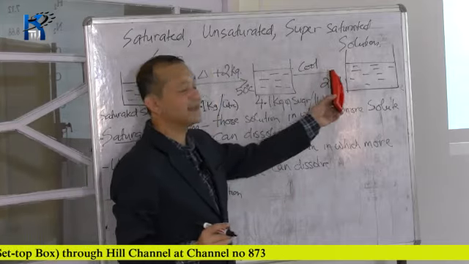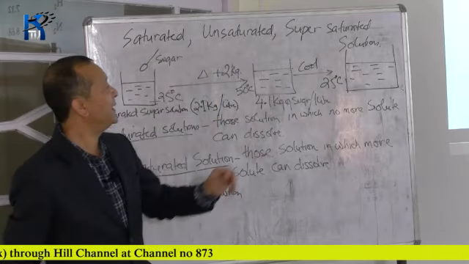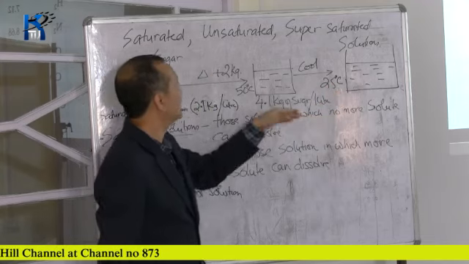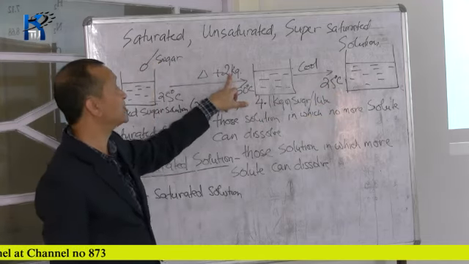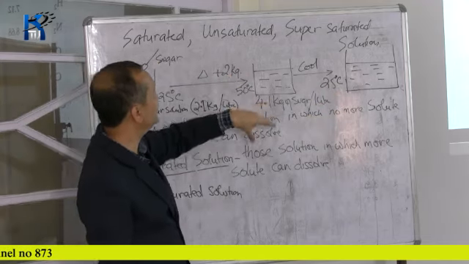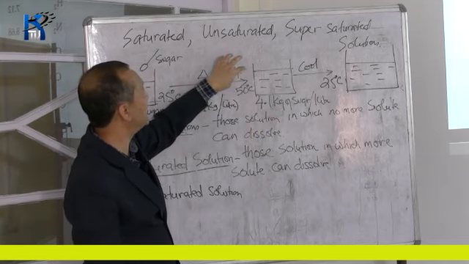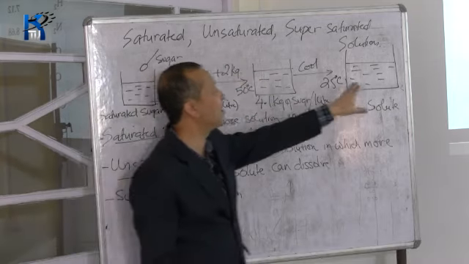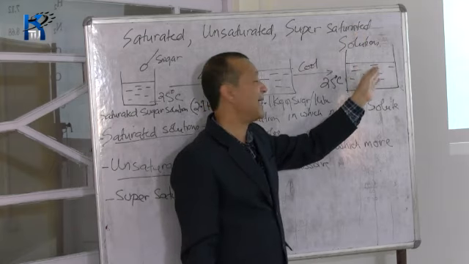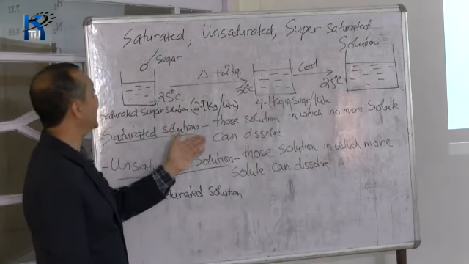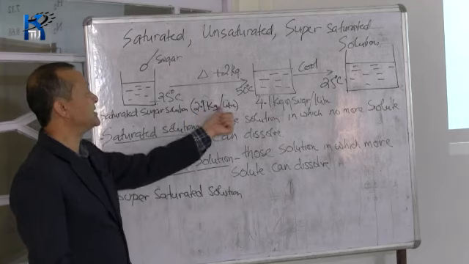We expect that the extra sugar that had dissolved, that is 2 kg, would now come out, and again we will have 2.1 kg per liter.